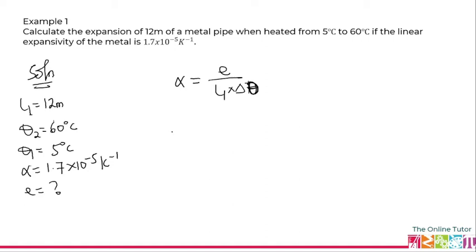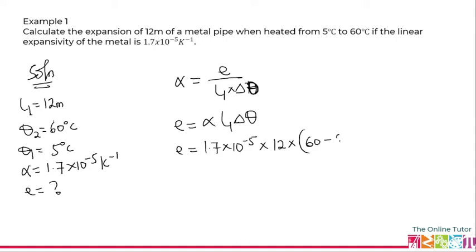So if we make E the subject over here, we cross multiply. We are going to have our extension equal to alpha multiplied by L1 multiplied by the change in temperature. So our E is going to be, our alpha is 1.7 times 10 raised to the power minus 5 multiplied by the initial length of the metal, 12 meters, multiplied by the change in temperature, which is theta 2, 60 degrees Celsius, minus 5, which is the theta 1 that we have over here.